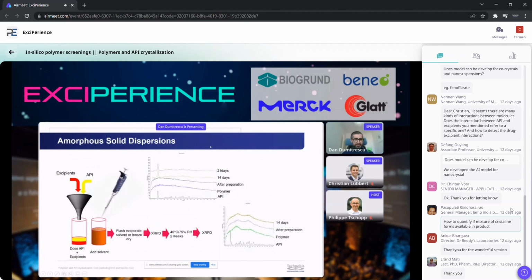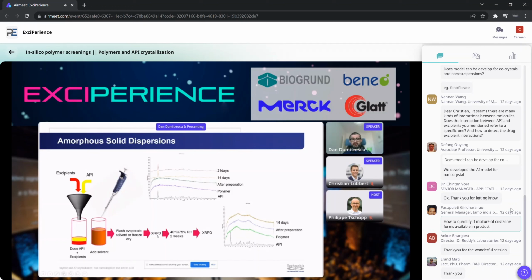A bit about amorphous solid dispersions, the experimental side. You usually start with your excipients, with your API, you do a solvent, and then you try to obtain the high energy state by either a flash evaporation or freeze drying.